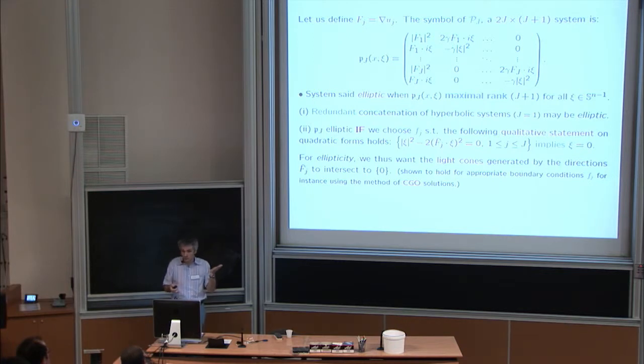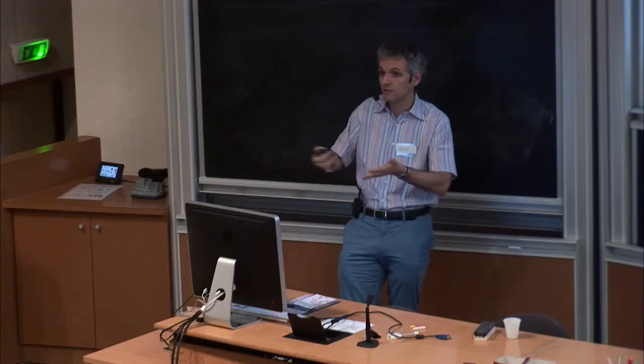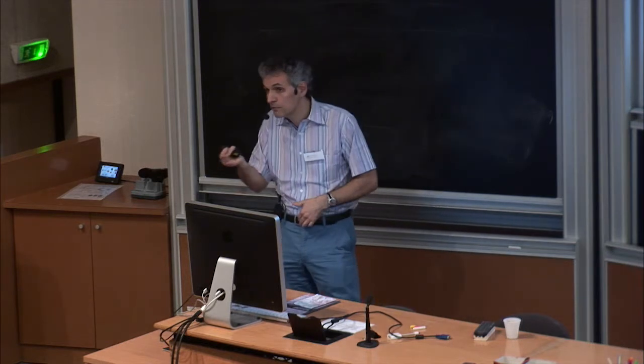So think of a solution u, which is only one u, but it solves several hyperbolic equations for some reason. So u might solve dtt minus Laplace in xy, you know it, and might solve another equation, dxx minus Laplace in ty, and also dyy minus Laplace in tx. Let's assume we know all of this. Is that problem elliptic now? And the answer is yes. The problem is elliptic. You can just sum and subtract, and you will get the full Laplacian of u from that crude example that I've mentioned to you.